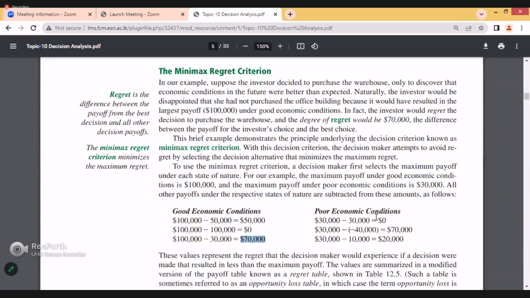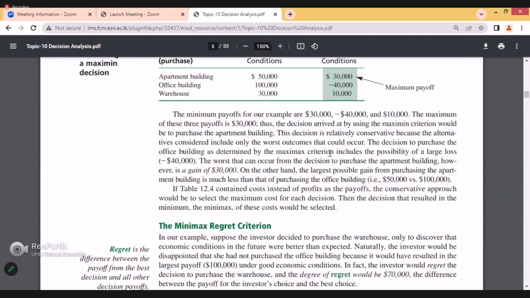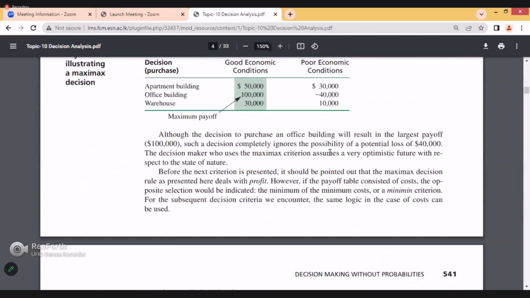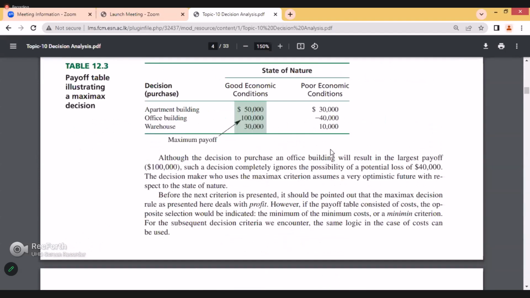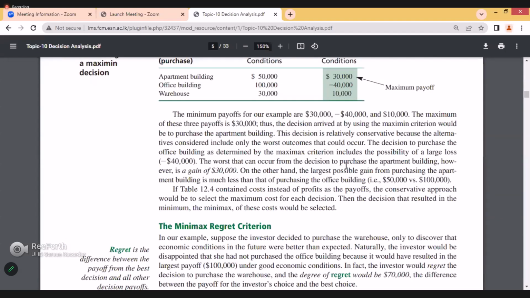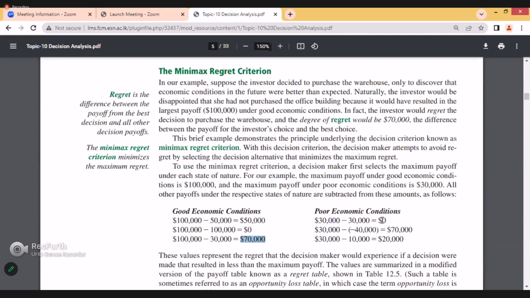Similarly, for poor economic conditions, the maximum is 30,000. So 30,000 minus 30,000 is 0. Then the second decision, 30,000 minus minus 40,000 is 70,000. And the third one is 30,000 minus 10,000, that is 20,000.